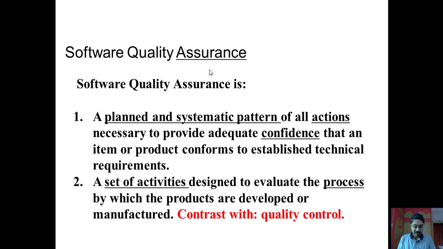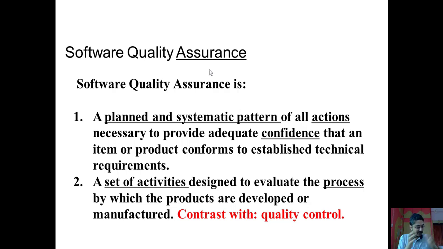Because how can I assure something? Suppose I am saying the car coming through my factory is of good quality. If I am trying to assure you that the car is of good quality, certainly I will need to focus upon the process through which the car is getting manufactured, isn't it? So quality assurance is nothing but concentrating on the process through which a particular product is going.